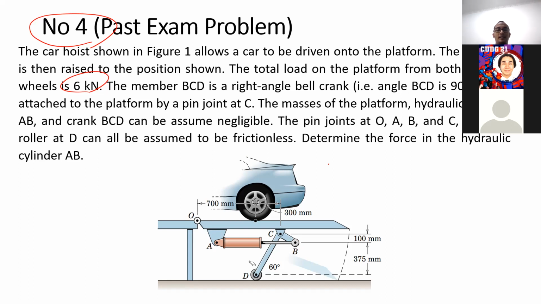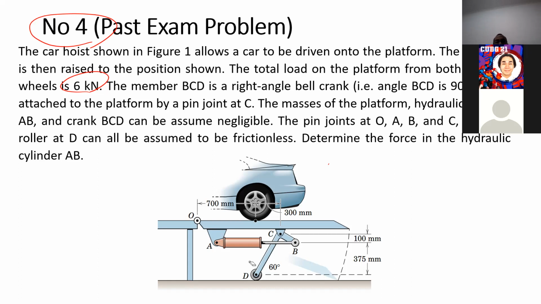Which part of it confused you, Irshad? I'm not quite sure how to start the problem. Okay, from which point? For number 1, 2, 3, you have no problem with that, right, Irshad? It was okay, I think.